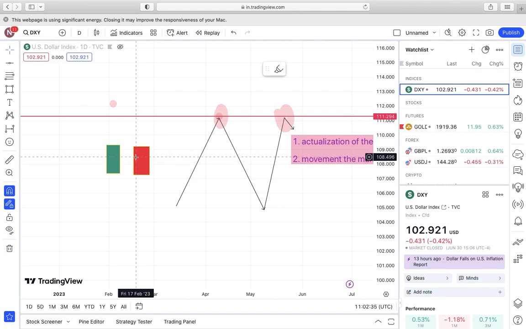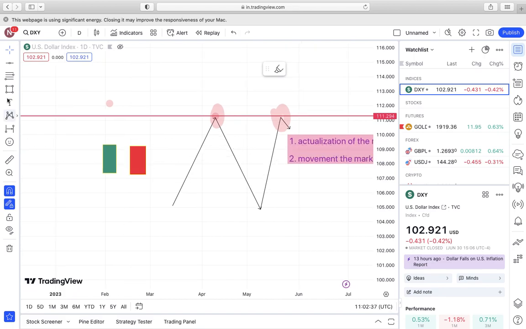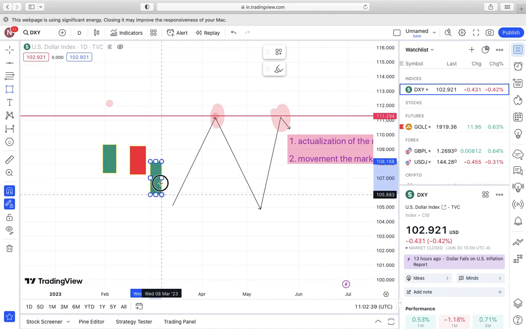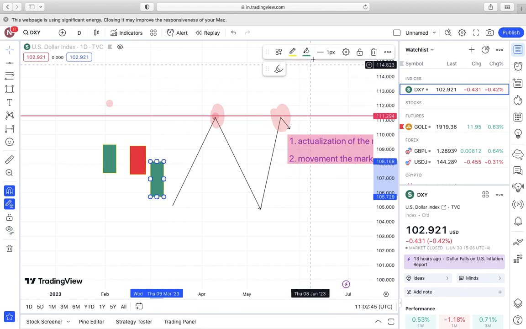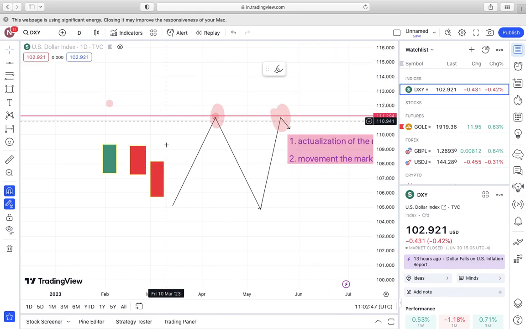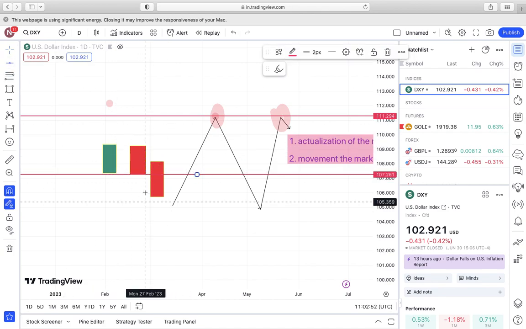Now, how is this zone actualized? I told you that the next candle formed should be a bearish engulfing of the previous bearish candle, which means for you to confirm this is a bearish engulfing candle, it must engulf this candle with half the distance, which means the distance moved by the previous candle must be half that distance for us to say that this is an actualized resistance zone.